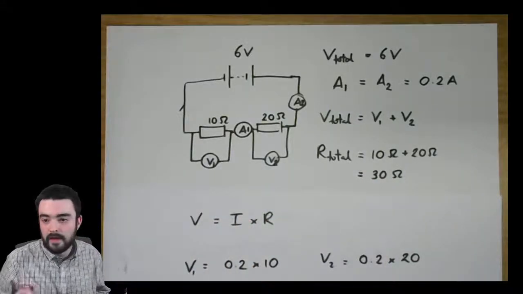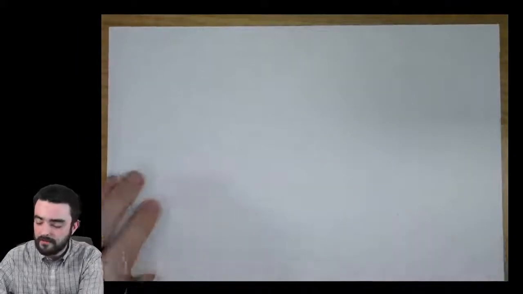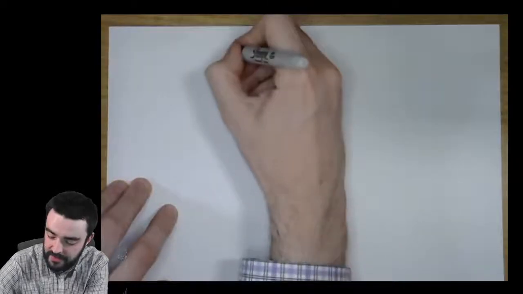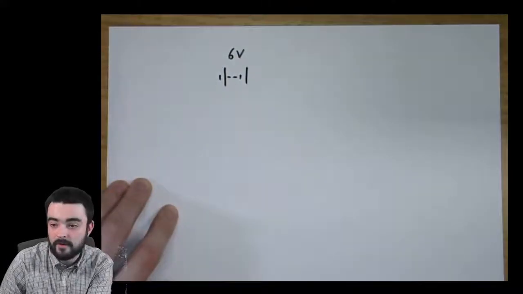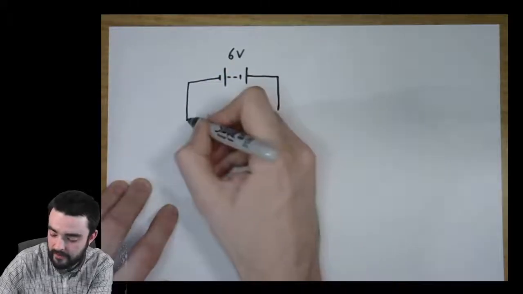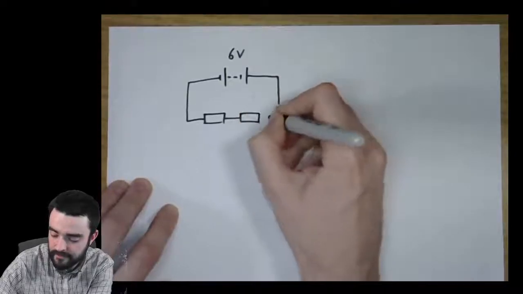Now, let's have a look at a parallel circuit. So for this one, we're again going to have our battery with a supply voltage of 6 volts. We're then going to have two separate branches.